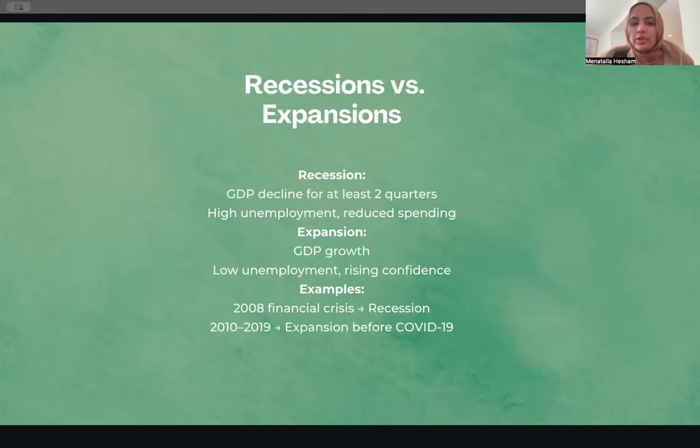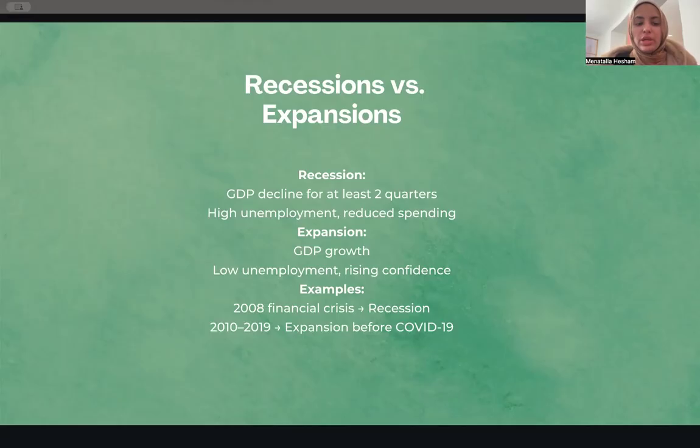So here's recessions versus expansions. A recession is a period of declining economic activity, typically lasting at least two quarters, with rising unemployment and reduced spending. An expansion, on the other hand, is a period of economic growth with increasing GDP, low unemployment, and high consumer confidence.